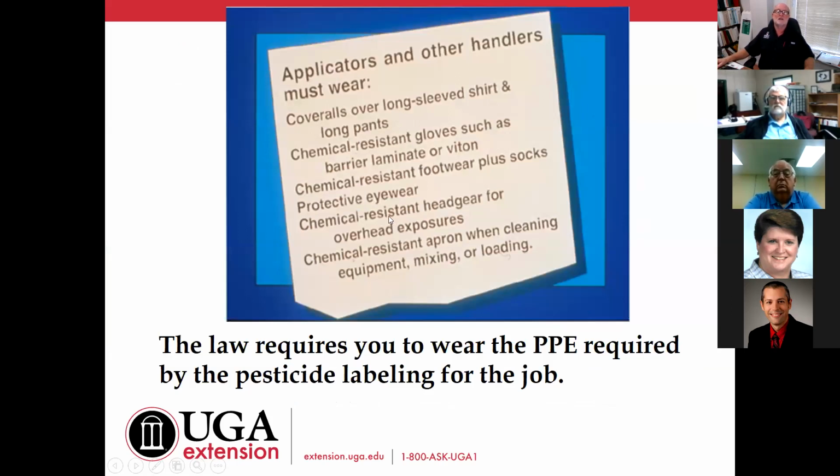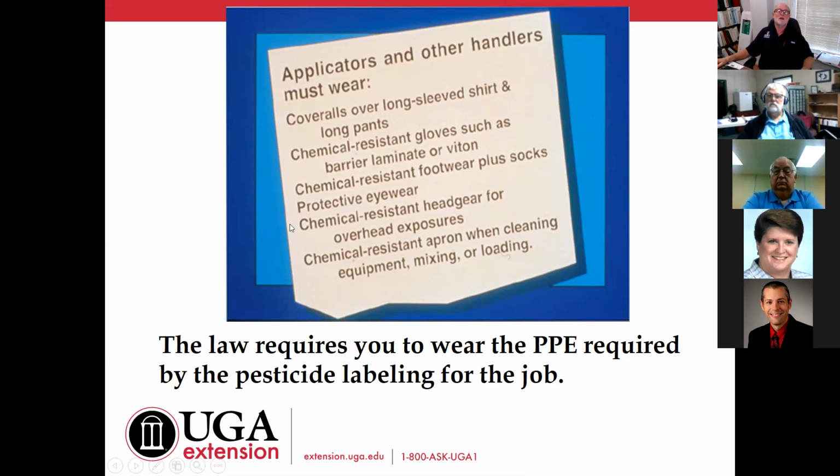Any of these things, these are more examples of what I have found off of labels, can be anything from coveralls or long sleeves, long pants, shoes plus socks. Typically, if you're mixing or handling, you want to wear chemical resistant gloves, because when you are mixing and handling, your hands and forearms are at greatest risk of exposure to those pesticide products.